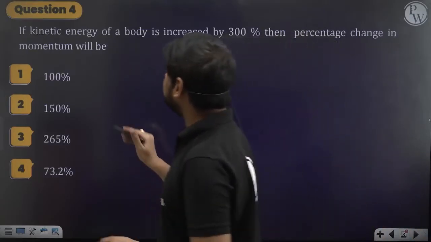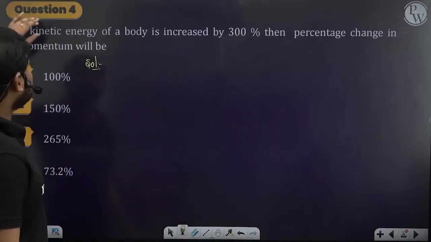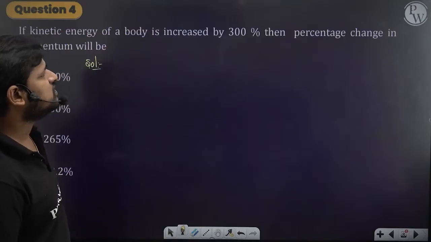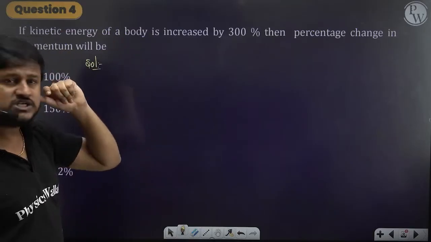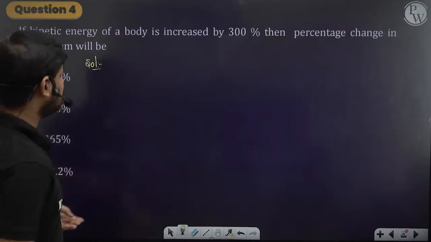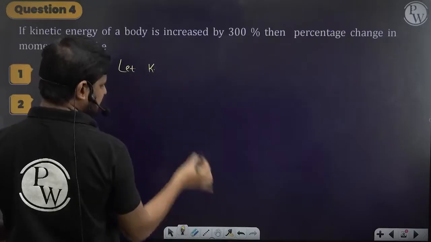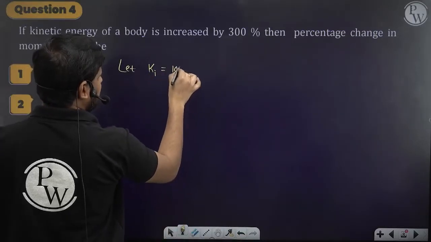So question number 4. The question says: if the kinetic energy of a body is increased by 300%, then the percentage change in the momentum will be? To solve this kind of question, let's follow a simple method. The initial kinetic energy I am taking as Ki. Let the initial kinetic energy be 100.